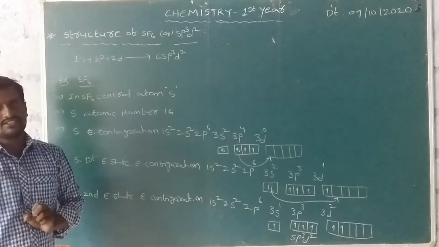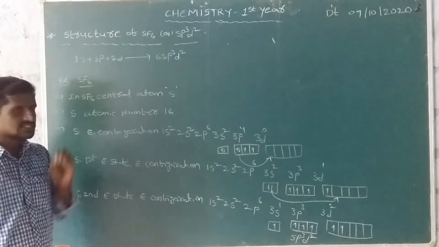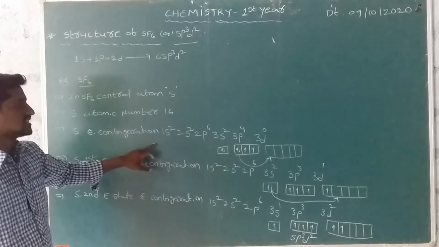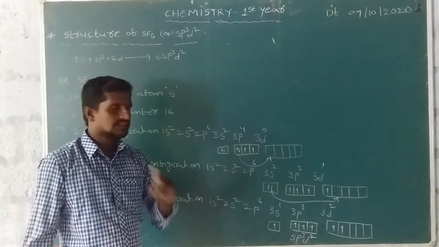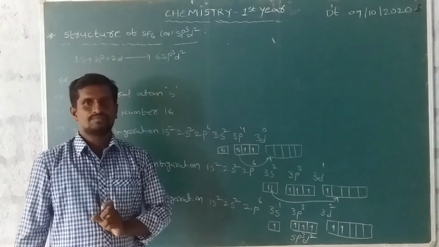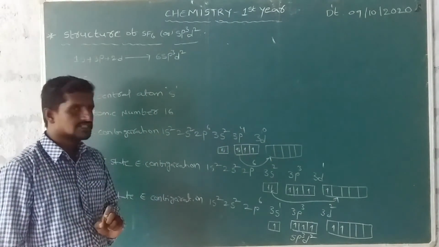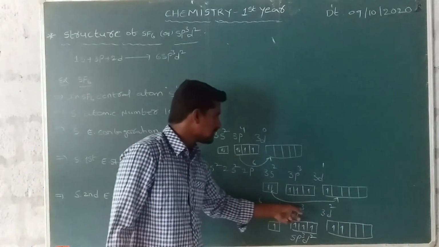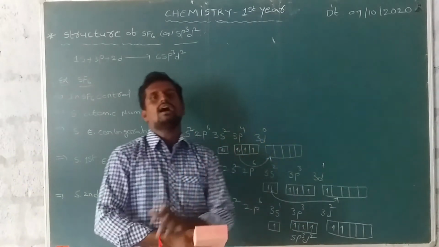In SF6, 2 excited states are present. In the first excited state, one electron moves from the 3p orbital to the 3d orbital. In the second excited state, one electron moves from the 3s orbital to the 3d orbital.